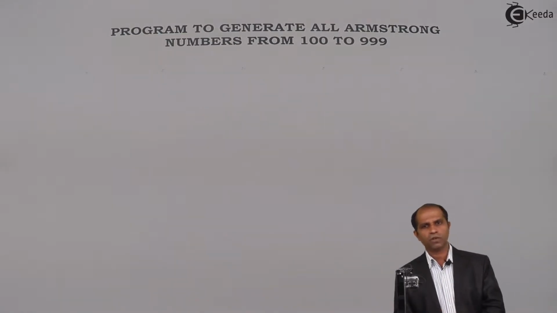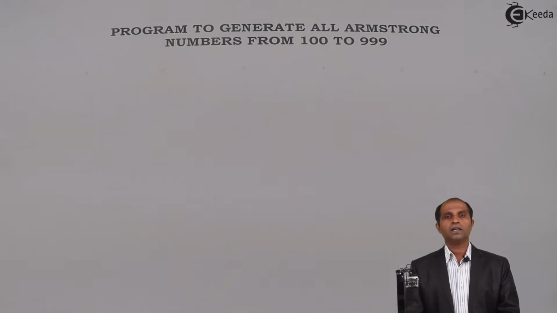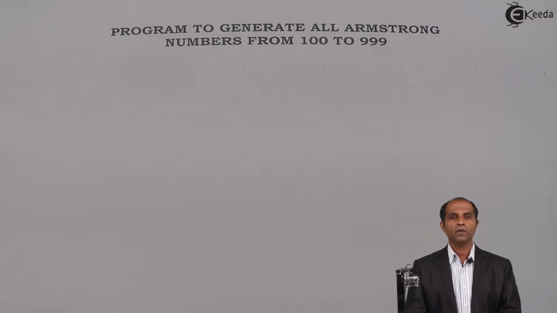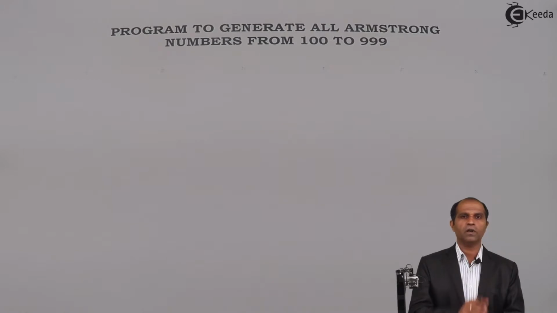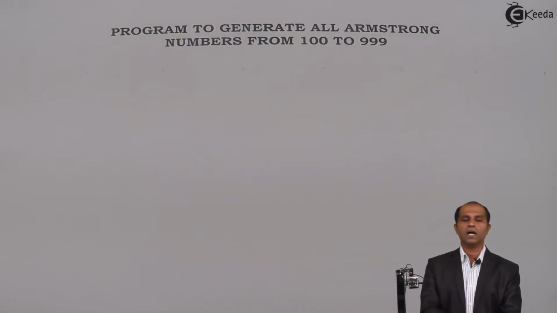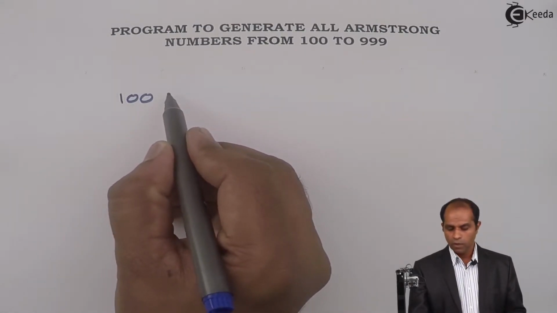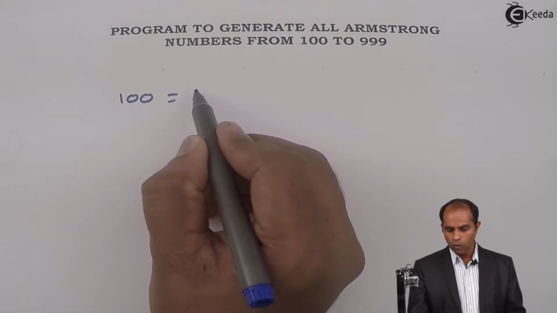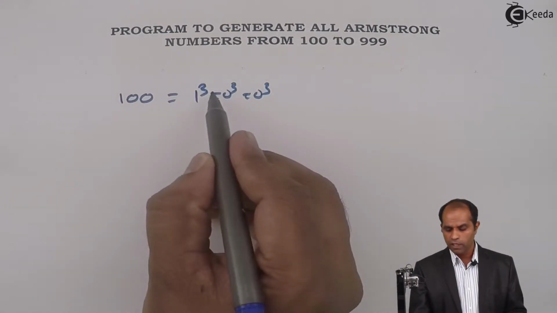We have seen the Armstrong numbers in the while loop section. There we saw how the Armstrong numbers are found. If the sum of the cubes of the individual digits equals the number, we call that number an Armstrong number. For example, if I have the number 100, what is the sum of the cubes of its digits? 1 cube plus 0 cube plus 0 cube, because it is a 3-digit number, hence it is cube.